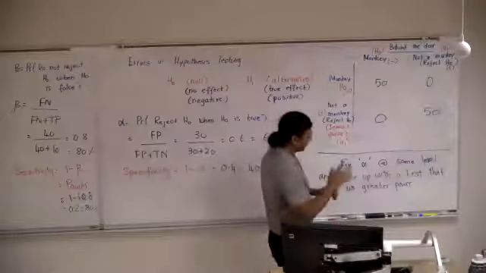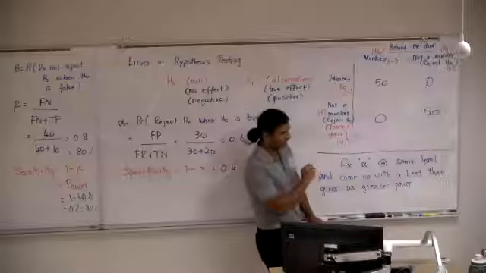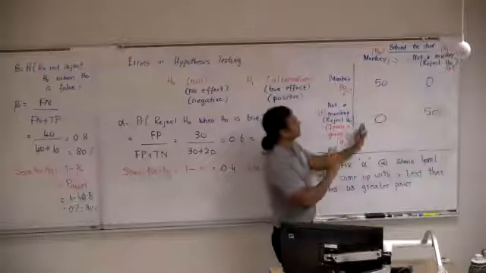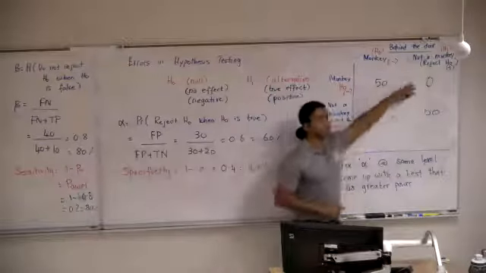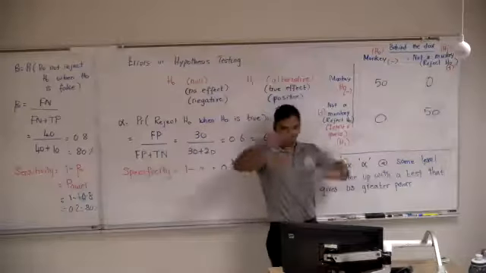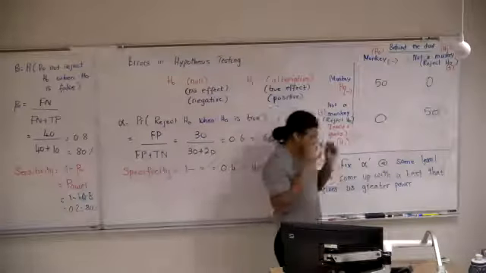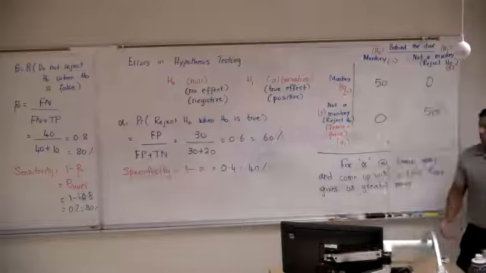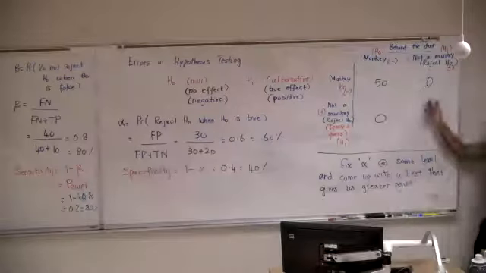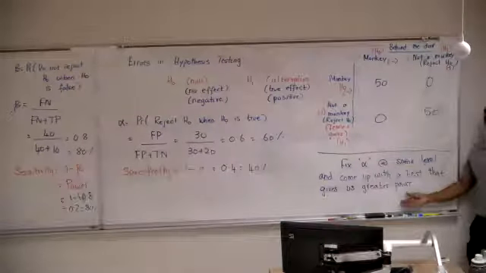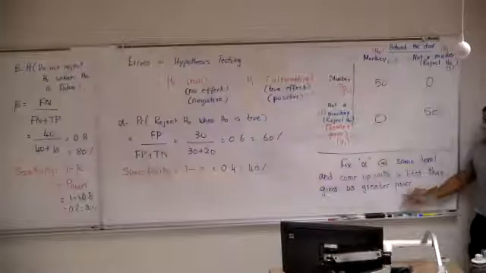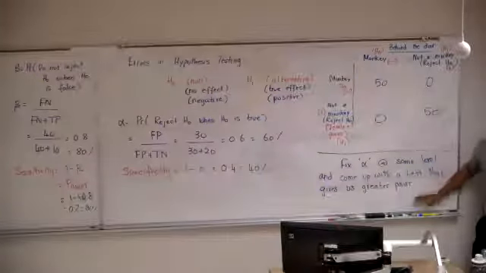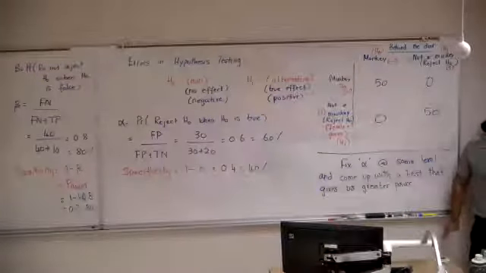Some cases it will, but not necessarily. So there is always a trade-off between these two. We'll go back and forth. But when we perform a test, we want to fix this value and come up with a test that will give us greater power.